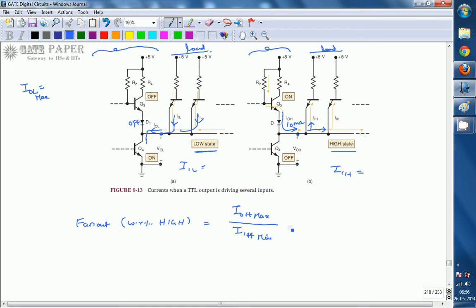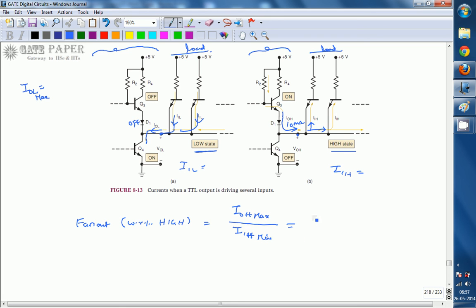So this IOH maximum is going to be divided among how many stages? IOH maximum is given as minus 0.4, so we can neglect that sign.